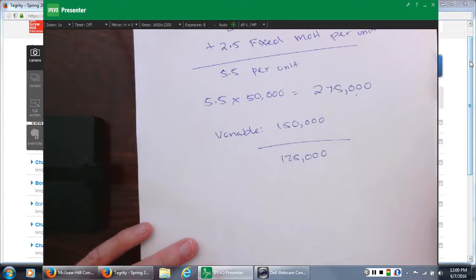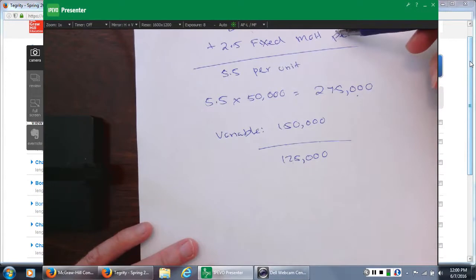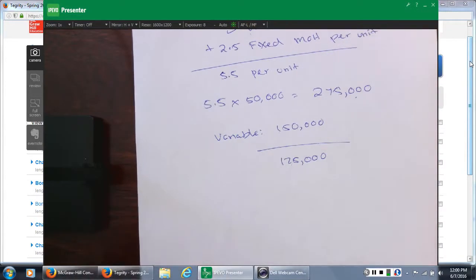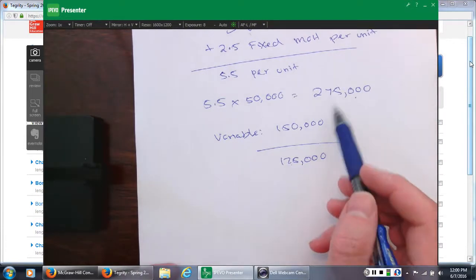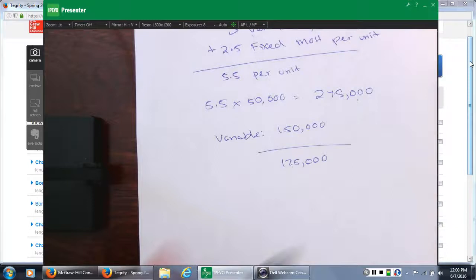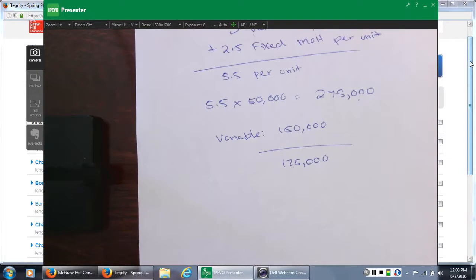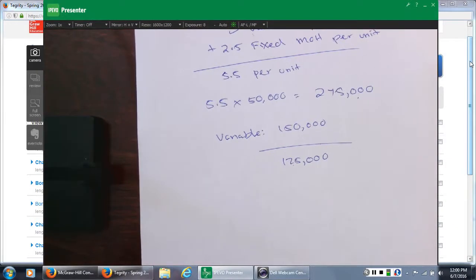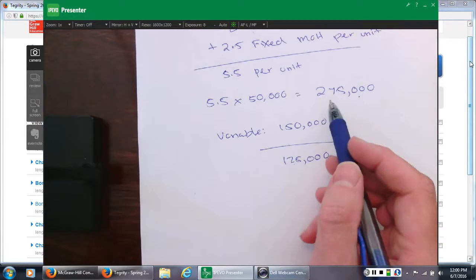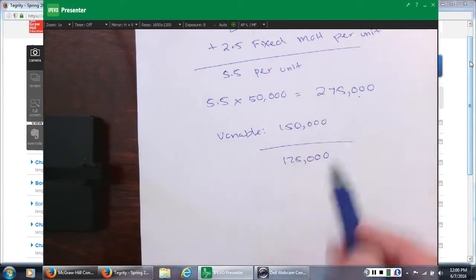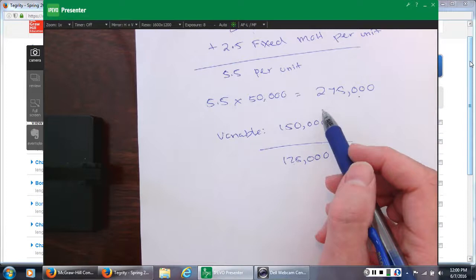In this case, it's not beginning inventory, it's ending inventory, because we don't have beginning inventory. So the difference in the net incomes between variable and full costing is equal to the amount of fixed overhead attached to those goods in ending inventory. So how do we figure out how much fixed overhead is attached to those units in ending inventory?